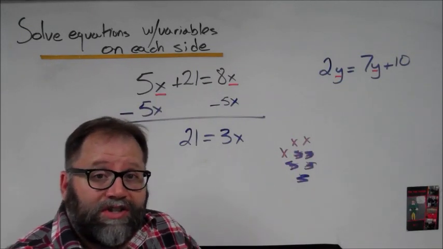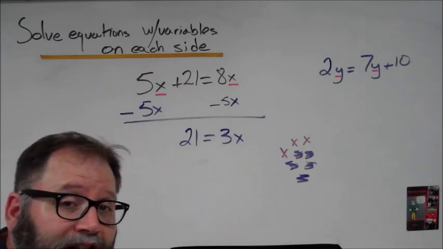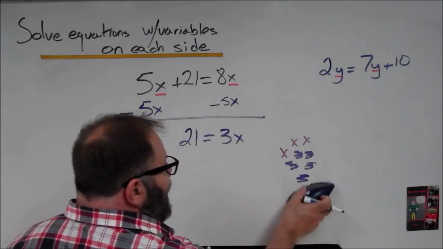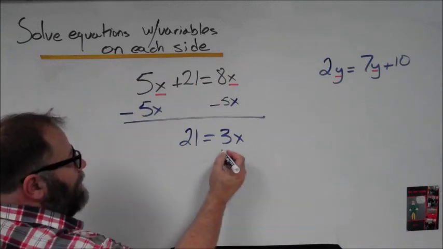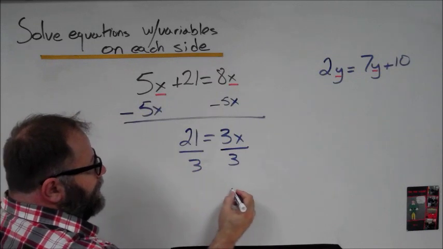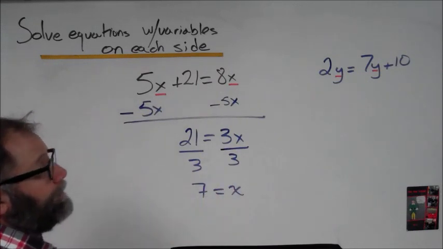Nothing fancy, it's just a term. It's got a coefficient and a variable, but because we're just adding and subtracting those, we can manipulate them the way that we want. And now I'm back to a very simple one step that we're really confident with. We'll divide by 3 and divide by 3, and we'll find out that x, or 1x, is equal to 7.